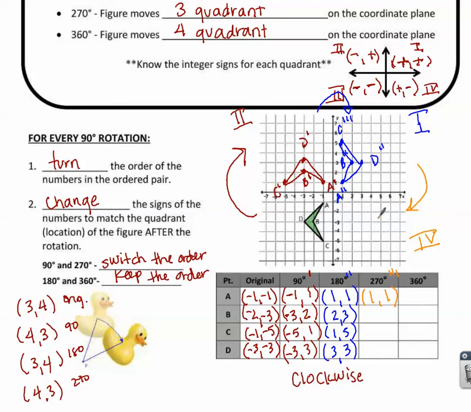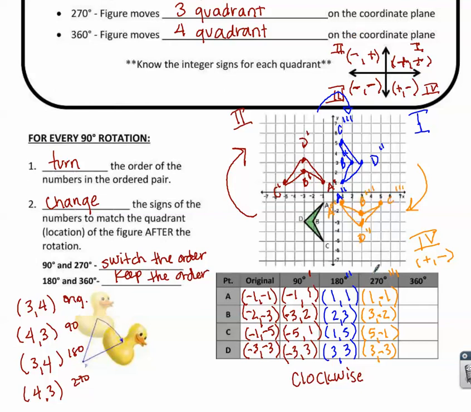The fourth quadrant is positive, negative for my signs. So it's going to be 1, -1. We're going to do that for all of these. Flip, and then your signs will be positive, negative. Change the order, your signs will be positive, negative. Change the order, the signs will be positive, negative. So plot.